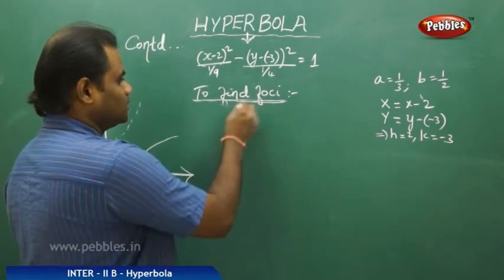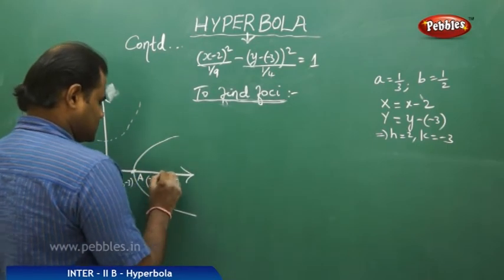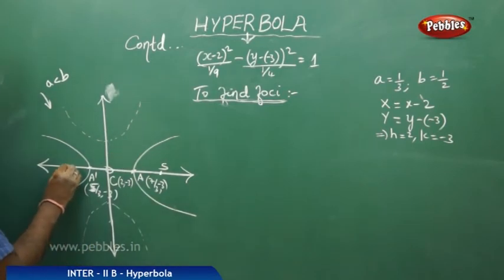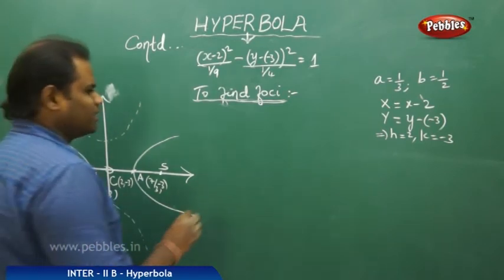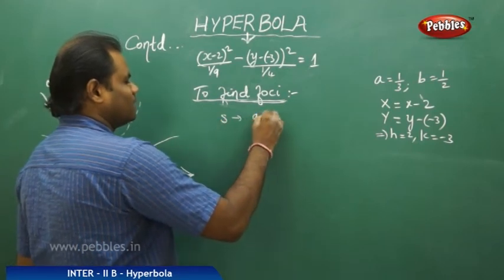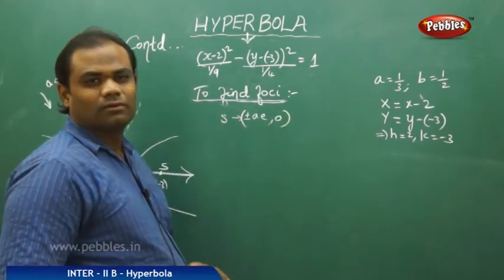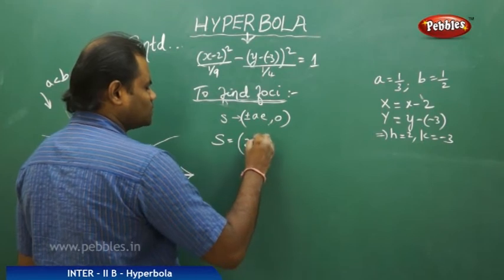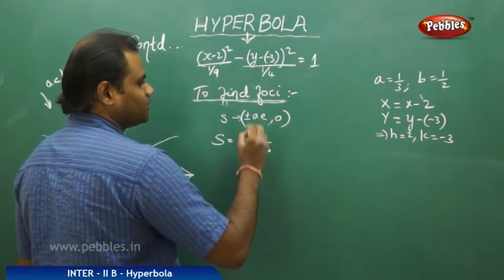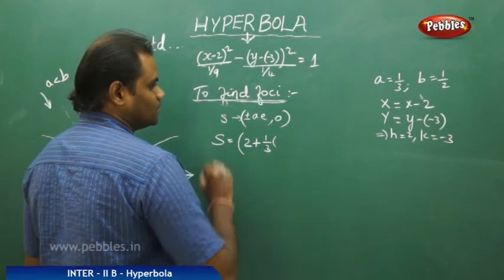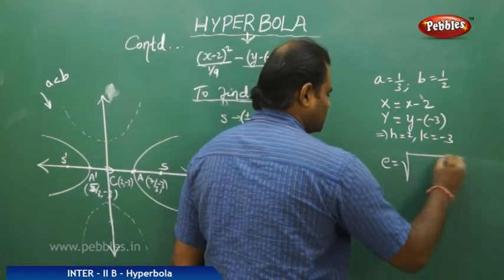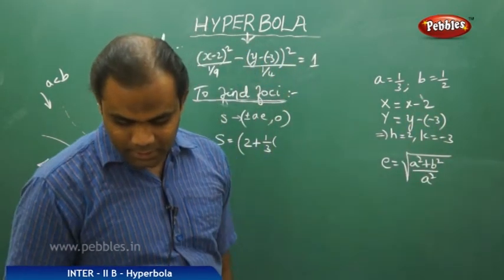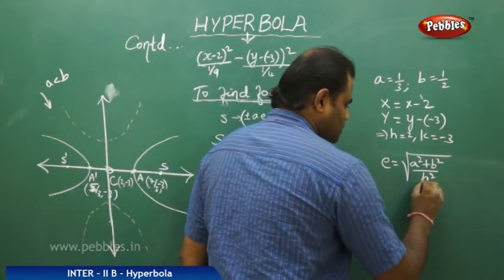Next is to find the foci, that is my S and S dash. Now clearly we know that the foci are given by (ae, 0). Therefore, my x coordinate being x minus 2, I get 2 plus ae, that is 1 by 3 times e, which I am going to find using the formula root of a square plus b square by a square is the eccentricity, by b square, because a is less than b.